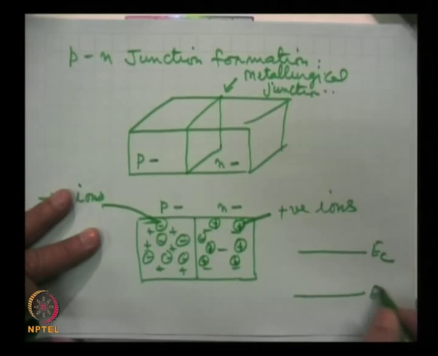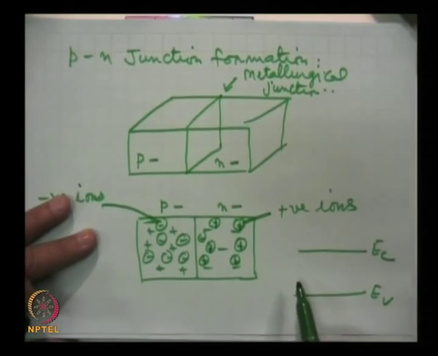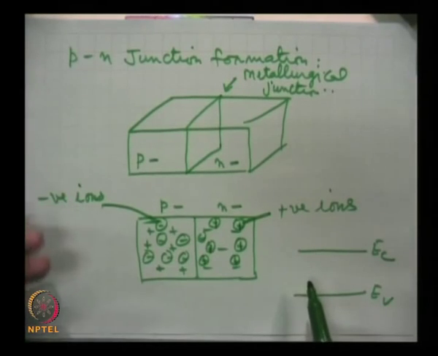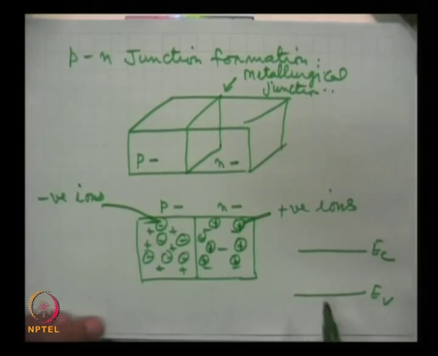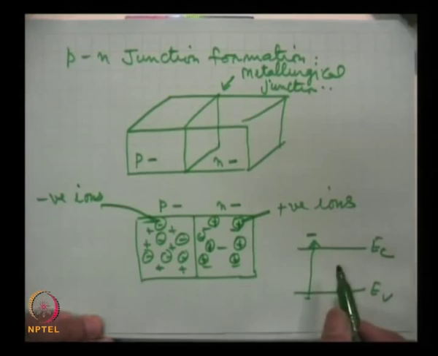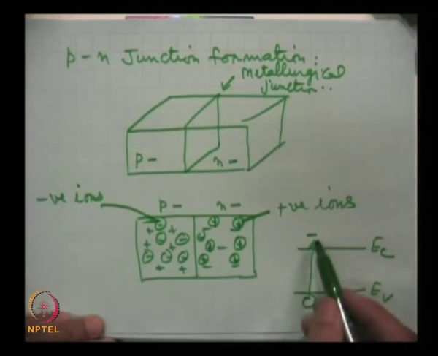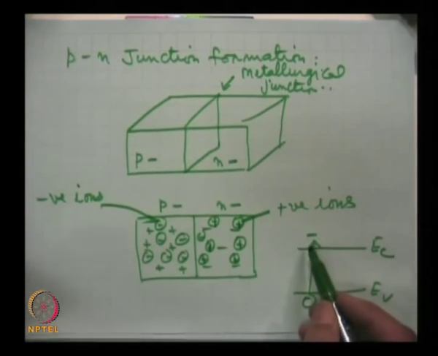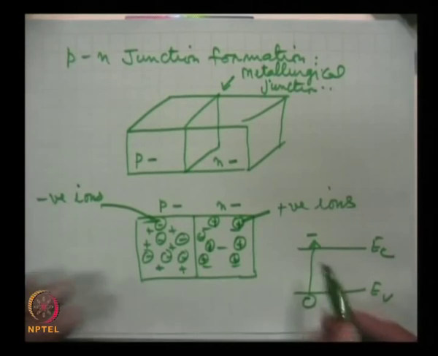conduction band edge, this is valence band edge. Recombination is the process opposite to the electron hole pair generation. If this electron moves to the conduction band, a hole and an electron are generated. This is the generation process.